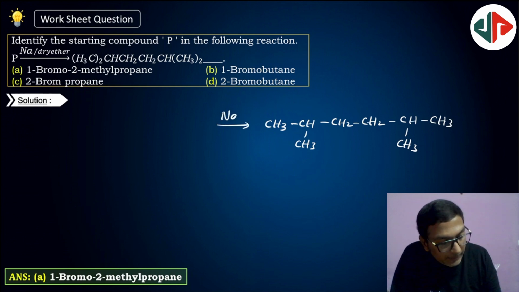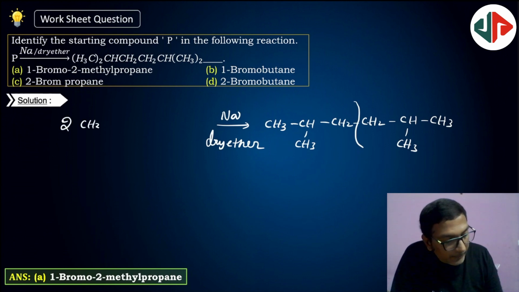So, sodium in dry ether. The initial compound will dissociate like this. You can take 2 moles of (CH3)2CHCH2Br.